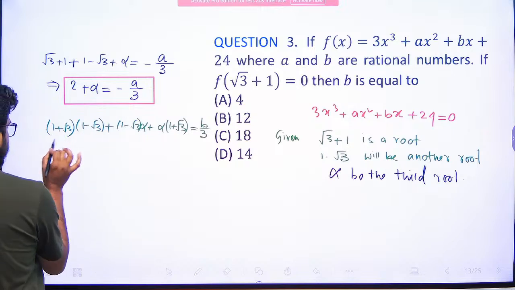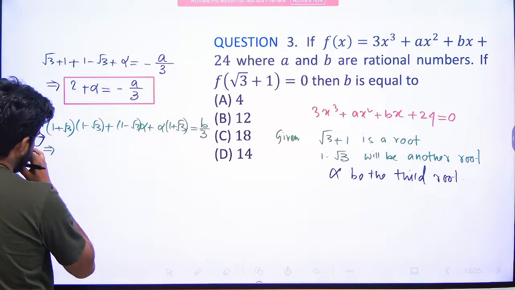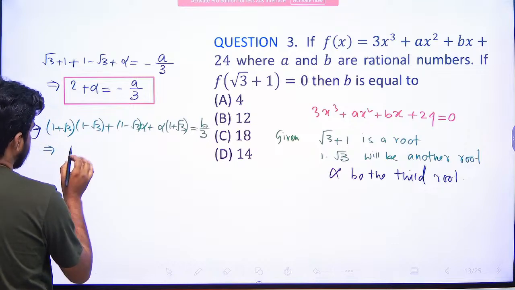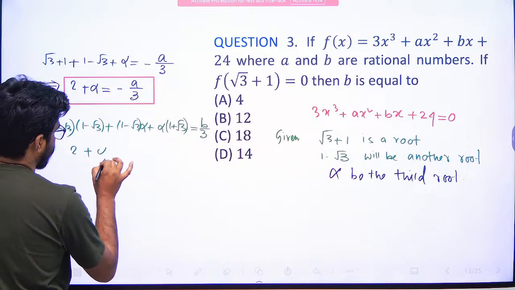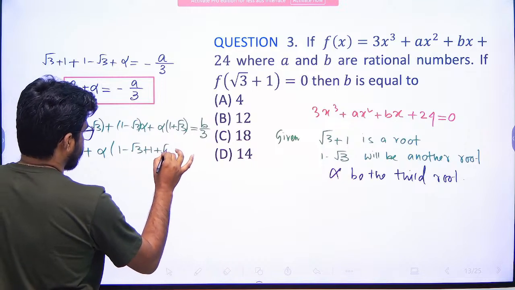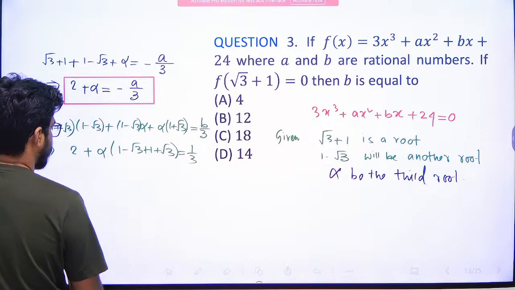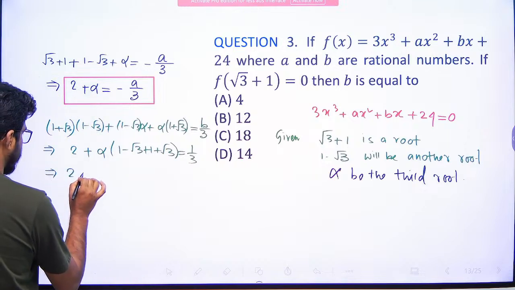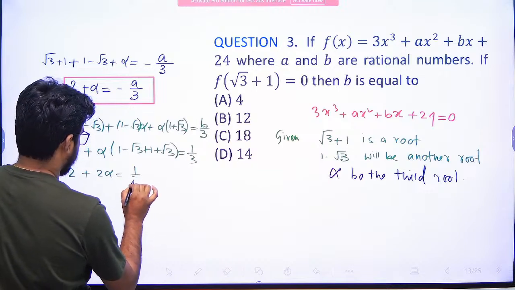So a plus b into a minus b, that is a square minus b square, so 1 minus 3. That means 2 plus, taking alpha common, 1 minus root 3 plus 1 plus root 3, so this is 1 by 3, plus root 3 minus root 3 cancel. That is 2 plus 2 alpha is 1 by 3.